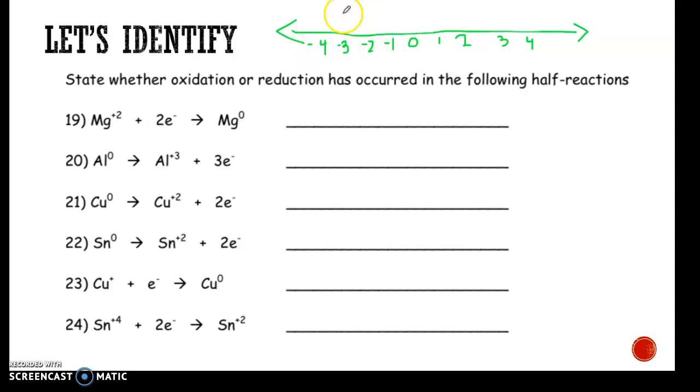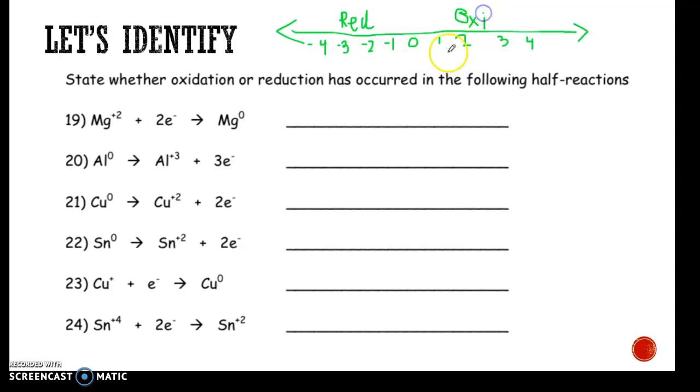On the negative side, that's your reduction side, because when we gain more electrons, we reduce. Once again, I'm going to write reduction as red. And when we have more positive, that is when we oxidize, because that's when we have lost our electrons.